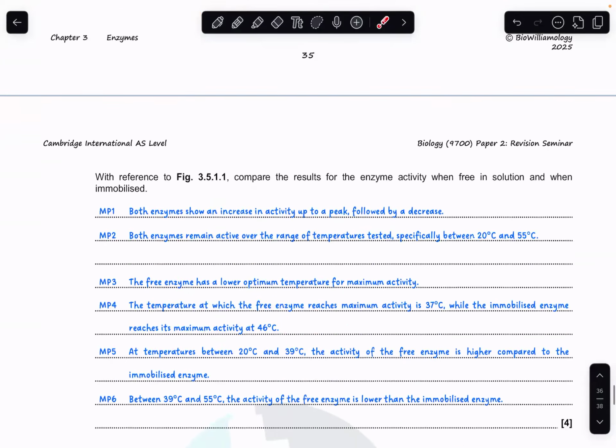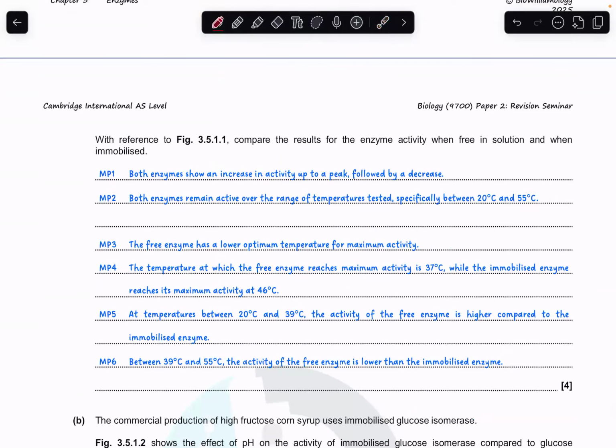But again, in this mark scheme, they allowed the words optimum temperature. But I disagree in this case because we wouldn't know what the optimum temperature is in this context.